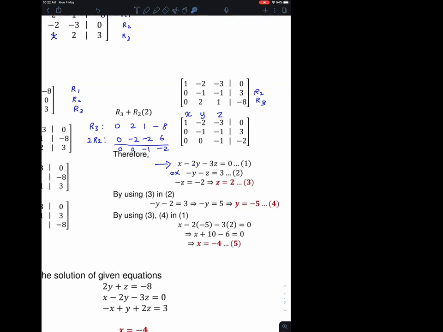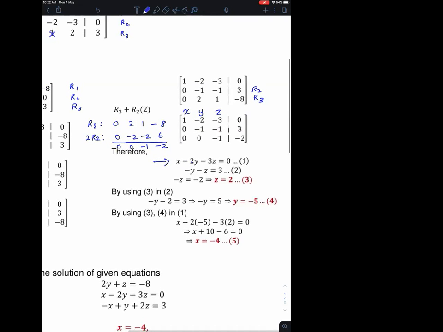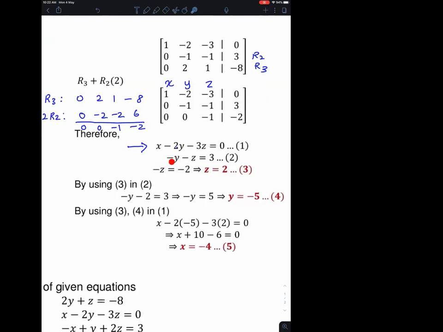You don't put the 0x, so it is minus y minus z equal to 3. From the third row, you don't have x and you don't have y, the coefficients are 0, so you have only minus 1, the coefficient of z. So it becomes minus z equal to minus 2.